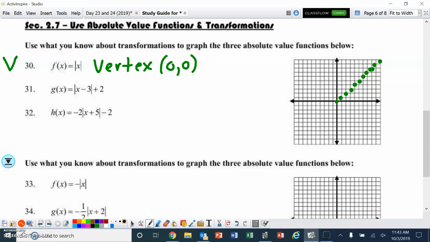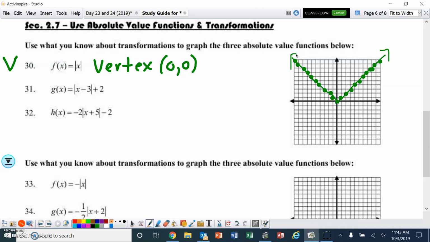And then I need to go in the other direction, up 1 over 1. Okay, hopefully you're doing a better job with the dots than I am. All right, I'm going to draw the line through those dots. That is that parent function absolute value. There we go. Sorry, some of those dots are a little crooked.